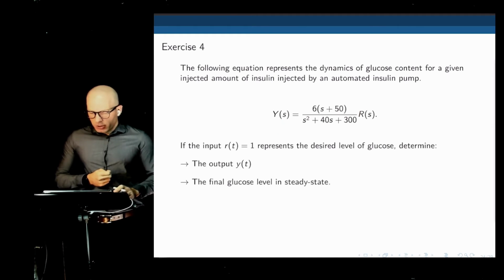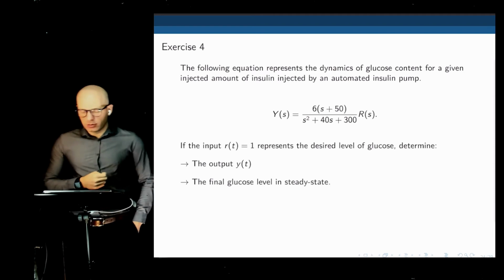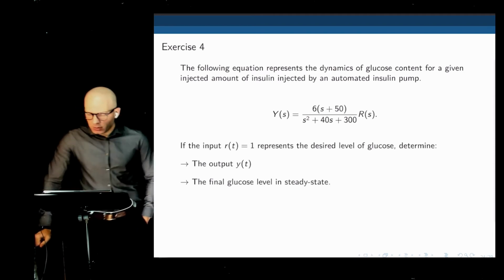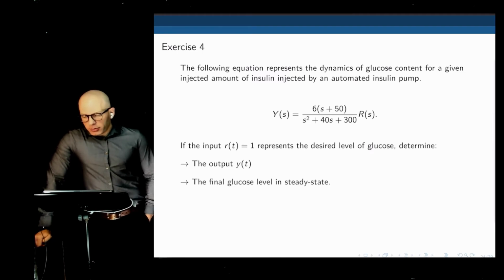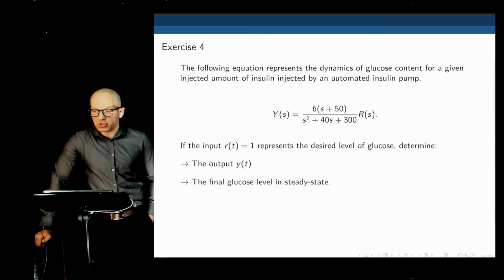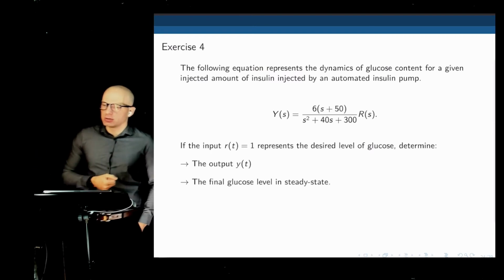And this can be modeled fairly easily with an equation that is very similar to this. So if the input is r of t equals 1, a step input of magnitude 1 is applied to the system. That is, the pump injects 1 unit of insulin into the body.